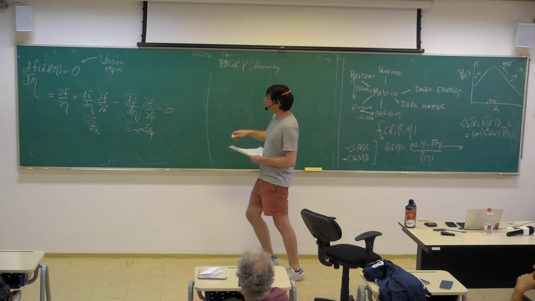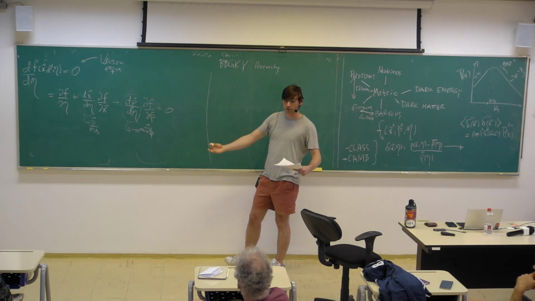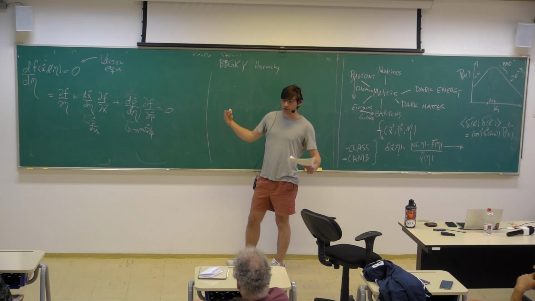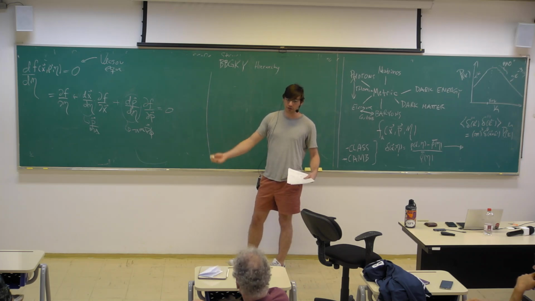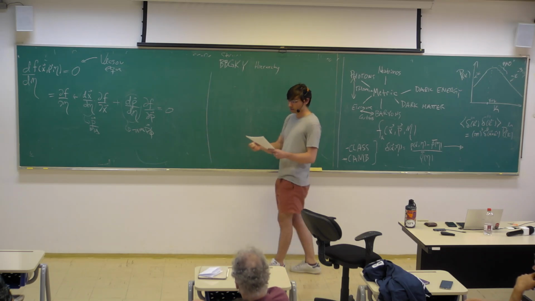The idea is that if this is a statistical distribution of the entire dark matter fluid, instead of trying to solve for that, I can try to solve for moments. The mean, the normalization, which is the 0th moment, the variance, etc.